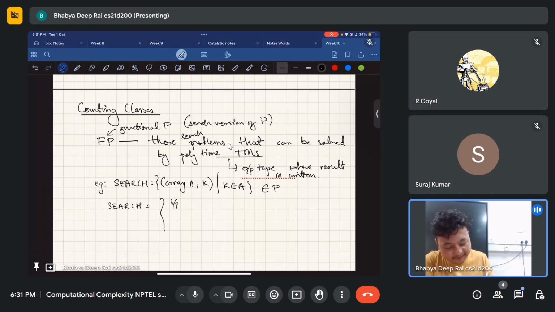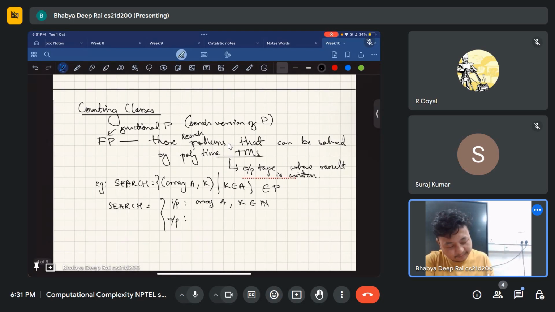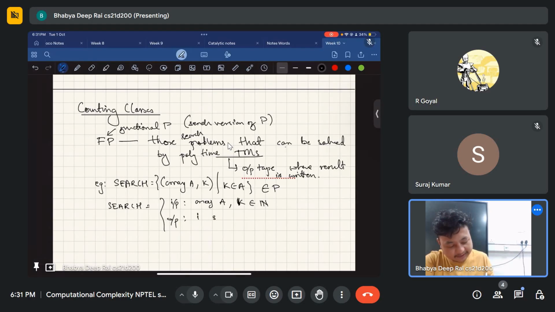Now here is a different version. Given is an array A, and K is a natural number, say. The output is i such that A[i] equals K, that is, at the ith position I have K. Output the index of the element, and let's say -1 otherwise.